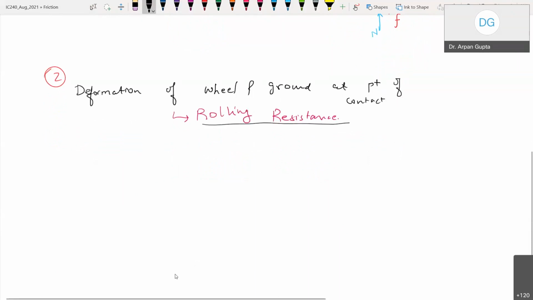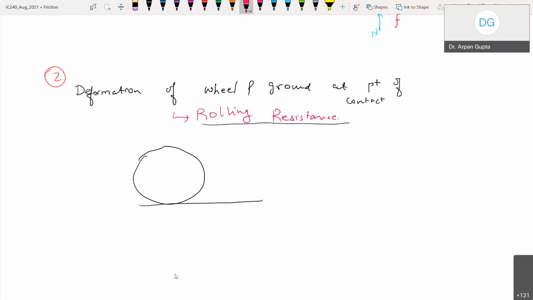So when your wheel is on the ground, ideally for pure rolling we say there is a point contact and all these things are very nice, but in reality it's not the case. There is a certain deformation that takes place, right?